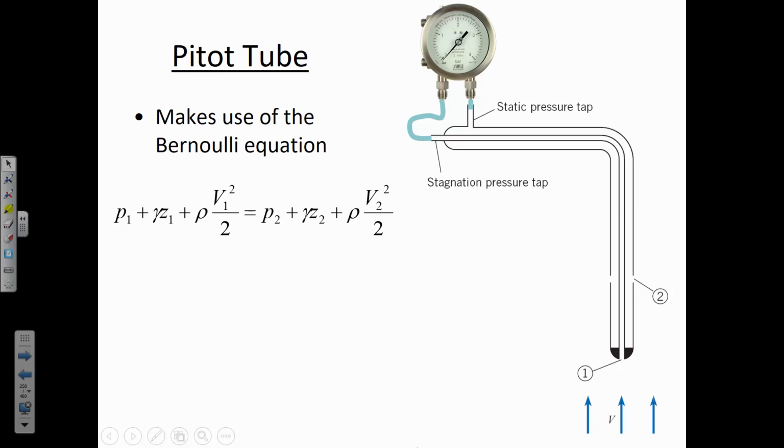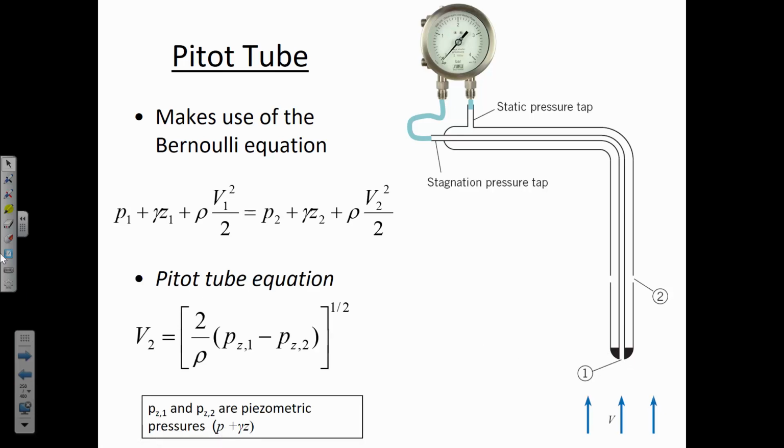We've got location 1, location 2. We're assuming that they're on the same elevation plane, so we'll cancel out the z's. And then what that means is we can assume that the velocity at 1 is 0. So we've canceled that out here.